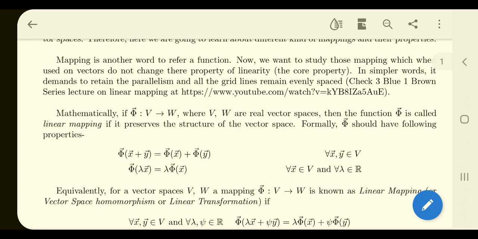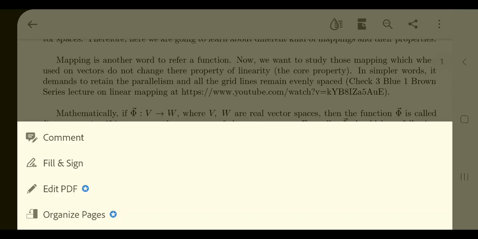When we do that, we want the structure of linearity to still hold. So what do we mean by the structure of linearity? Let us try to understand it more formally, using these two equations.